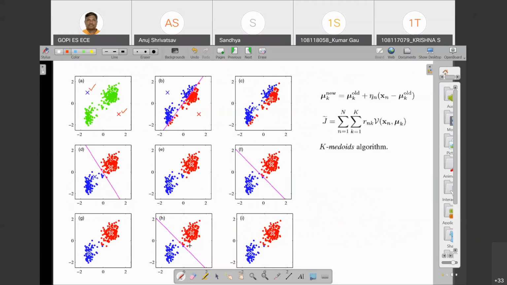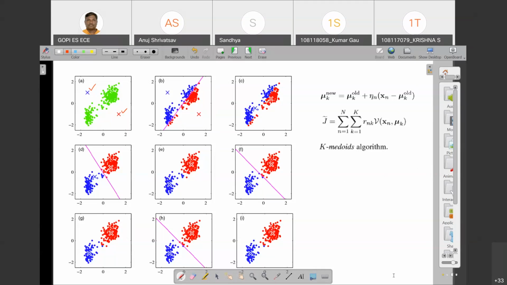It goes on like that, and you can see that after some iterations, how the clusters have actually converged, right? So this is the way how it gets converged.